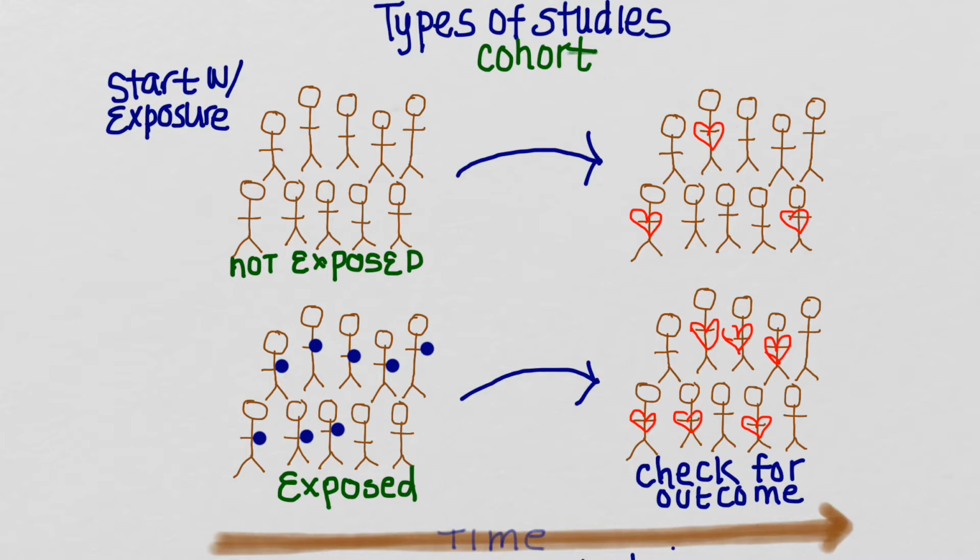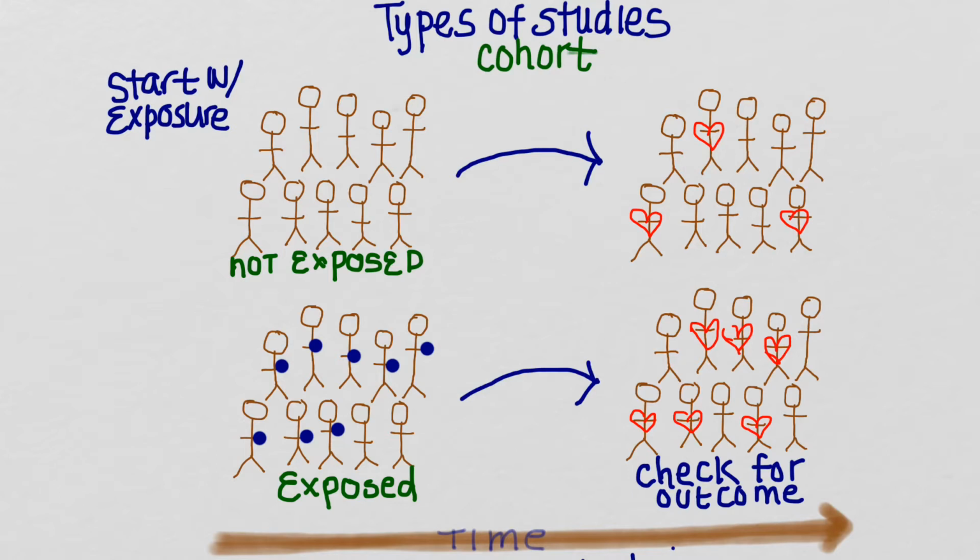With a cohort study, you start with an exposure. In other words, a patient either takes the pill or does not, and you look over time prospectively to see whether or not those patients in those groups actually develop the outcome of interest. In this case, whether or not they suffered from a heart attack.